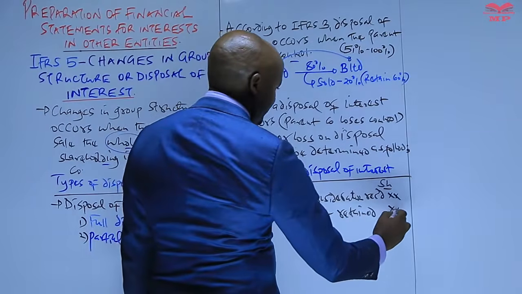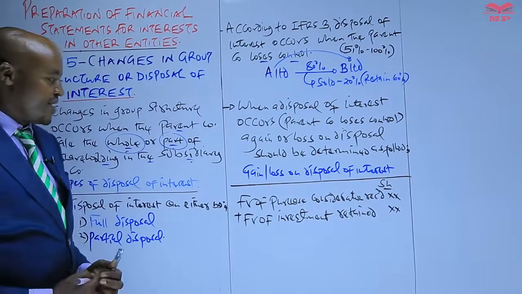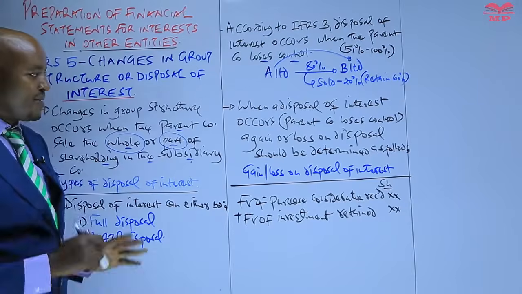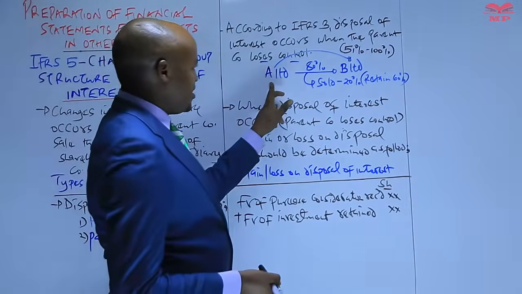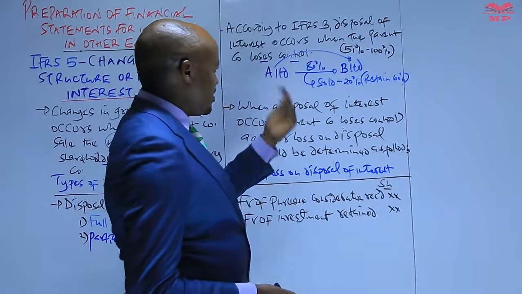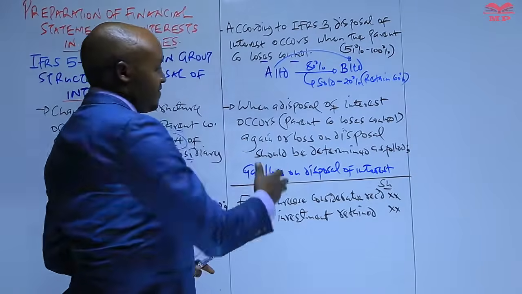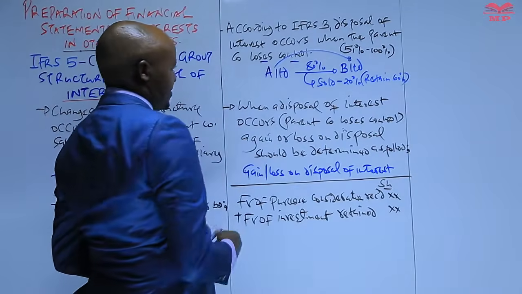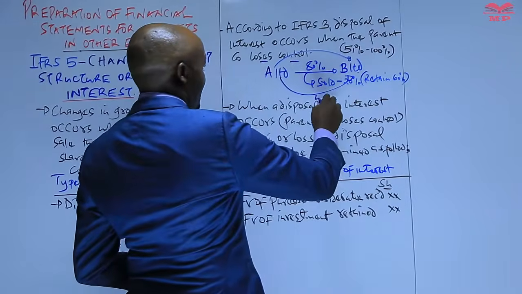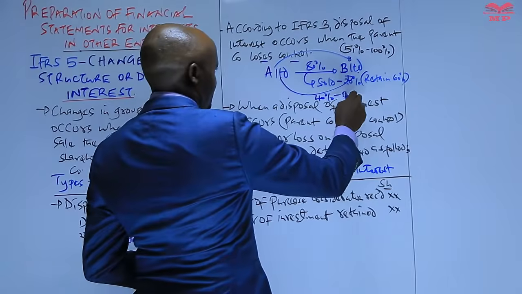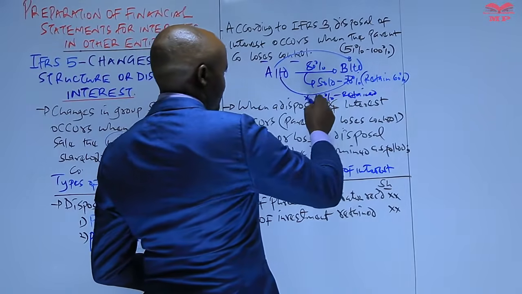When we talk about the fair value of the investment which has been retained, this basically applies in the case of a partial disposal, whereby the parent company has not sold all the shares in a subsidiary. If, for example, A Limited, which is the parent, which initially had acquired an 80% shareholding in B, the subsidiary, sells half of these shares, 40% of the shares held, it means that the parent company has retained a shareholding equal to 40%.